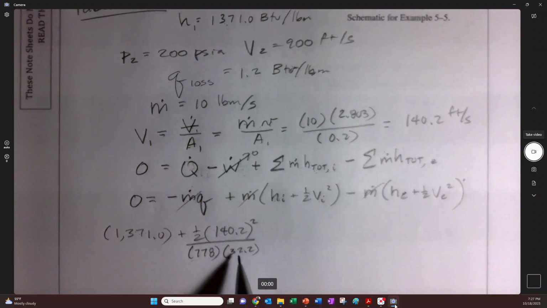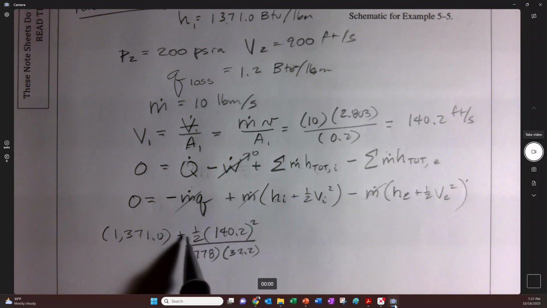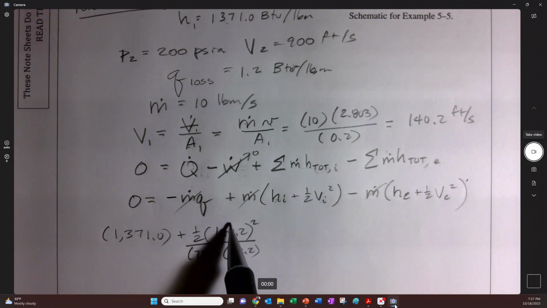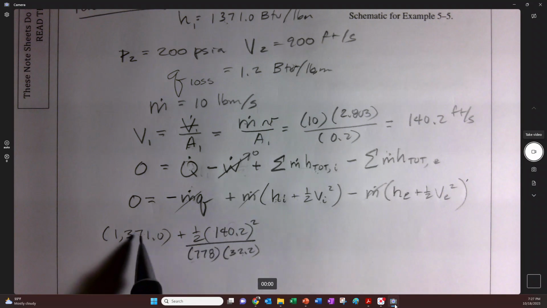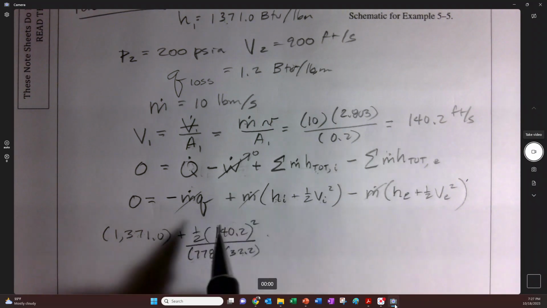Which ends up being the same thing as gravity, but it's not really gravity. We're not really dividing by gravity, we're dividing by a conversion factor. But what that does, it will be able to turn that feet squared per second squared into a BTU per pound mass. It's difficult to conceptually accept that.